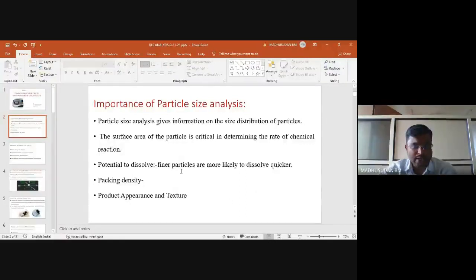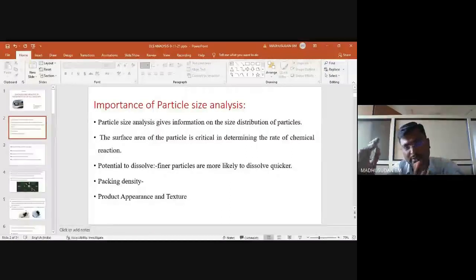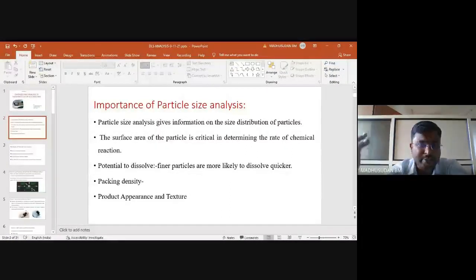The surface area of the particle is critical in determining the rate of a chemical reaction. That is one of the important points. The surface area is more critical because the chemical reaction that occurs depends on the particle size of a substance. If the particle size is smaller, there are more chances of the chemical reaction occurring within the solution and the substance.